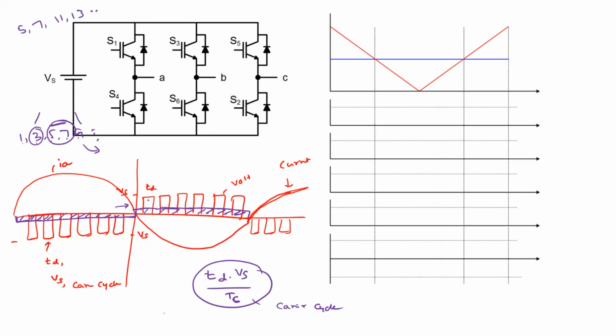And moreover, these are switching pulses. For example, harmonics are present at the carrier frequency, or in other words, MF times the carrier frequency, 2MF times the carrier frequency, and so on.